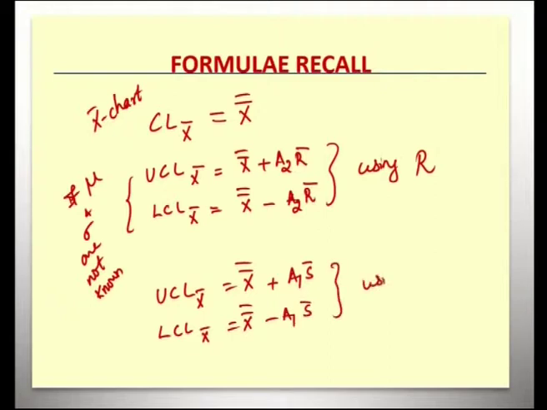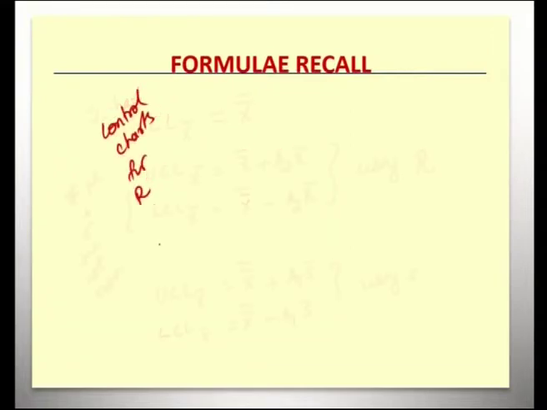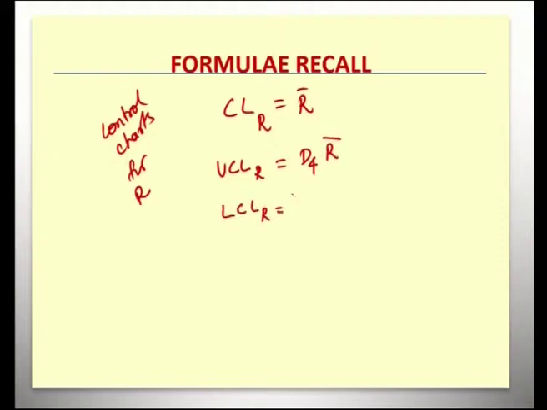This is using S. And we also discussed the control chart for R. If sigma is not known, the central line for R is always r bar, and UCL of R is equal to d4 into r bar, and LCL of R is equal to d3 into r bar.